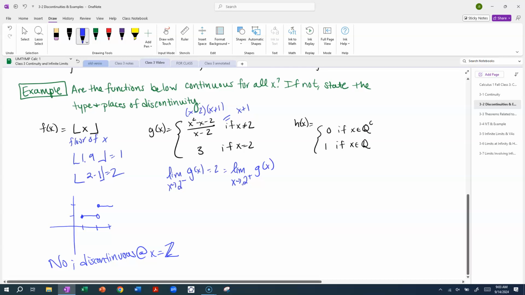You can check that on your own. And sorry, it's not 2, it's 3. There we go, I got writing too many 2's. So this also happens to be the same thing as g of 2. And so therefore, we can say that g of x is continuous at x is equal to 2.